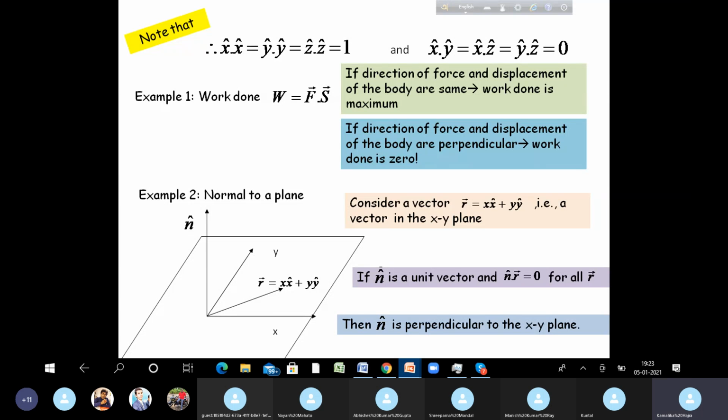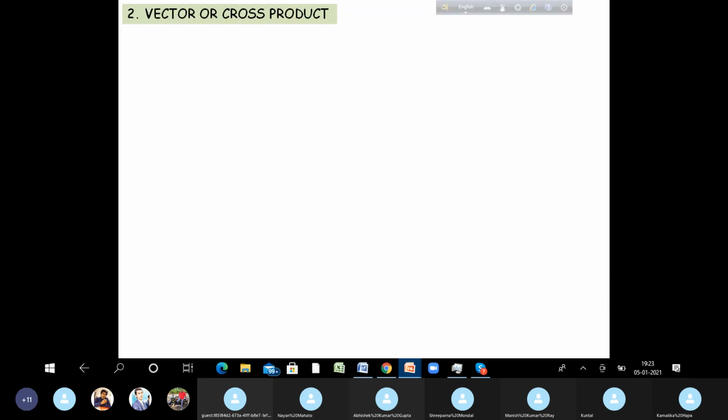One is in work done and the other is geometrical, that is finding out the normal to a given plane. I am giving these examples because you might get small, short numericals from these kinds of examples. So that is dot product.